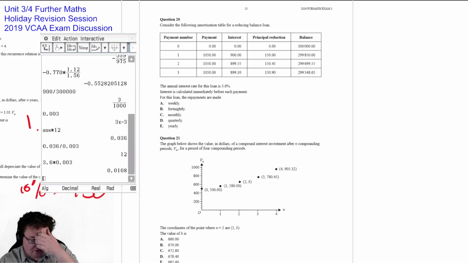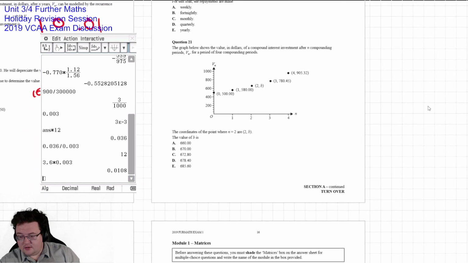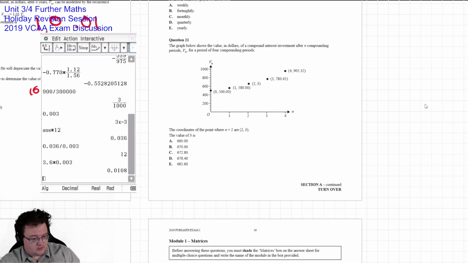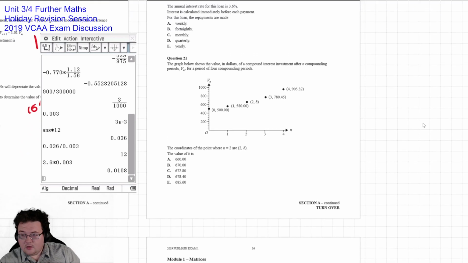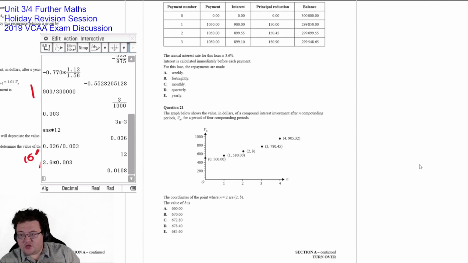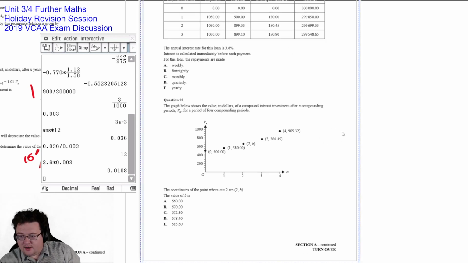So 3.6% turn it into a decimal 0.036, and then divide that by the number you got to get the frequency of those payments. Question 21, nearly finished. You can use any combination of the numbers, as long as you're using an interest rate and the balance of the previous payment. All right.